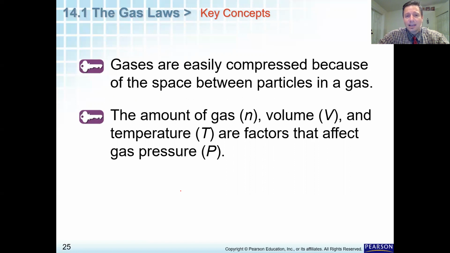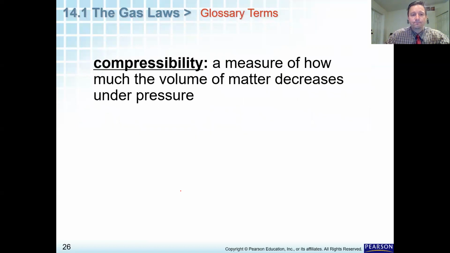Key concept: gases are easily compressed because there's so much space between those particles. We know that the pressure, the volume, the temperature, and the moles all have a relationship when we talk about gas. We're going to learn to use formulas to help us capture and calculate any of those missing variables as we go through this section.